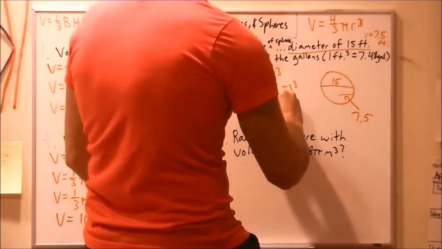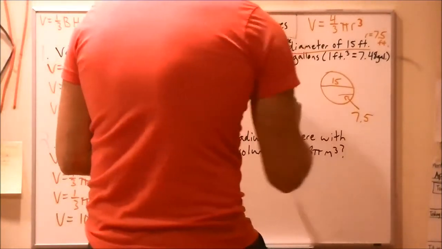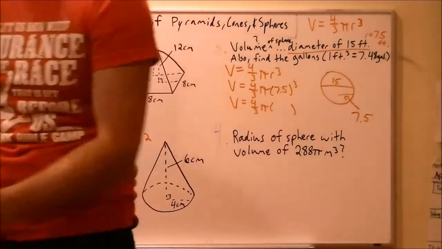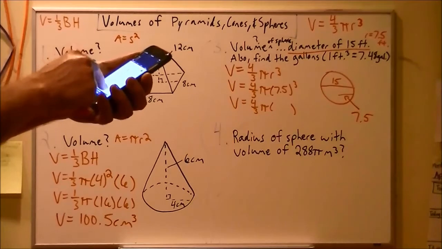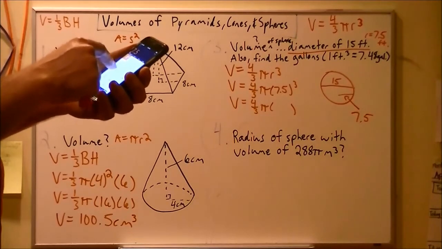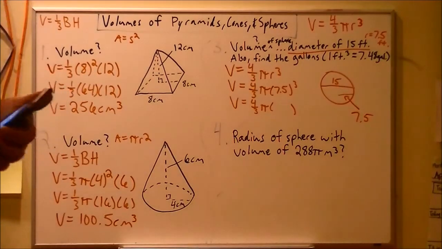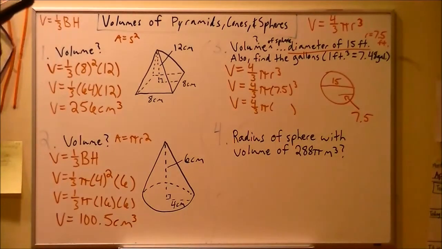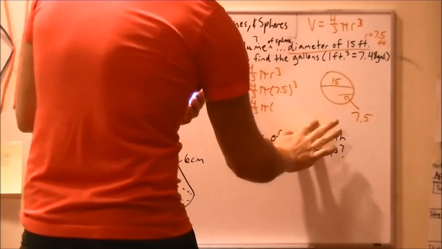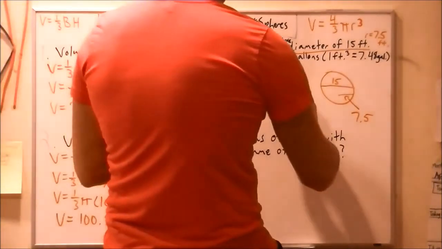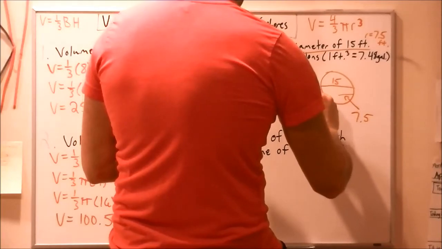So we're going to have 4/3 times pi times 7.5 cubed. I'm going to punch 7.5 into my calculator and put that to the 3rd power, or if it's easier, just do 7.5 times 7.5 times 7.5. Simplifying that exponent before I multiply, the number I get is 421.875.